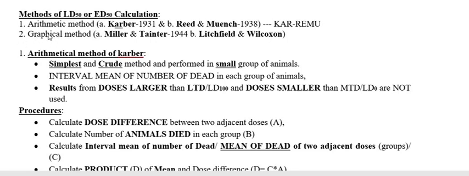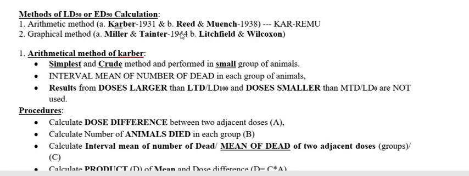Another method is called the graphical method of LD50 calculation. This is again subdivided into two, on the basis of the appearance of the method as well as the scientists who developed it: Miller and Tainter, and Litchfield and Wilkinson.